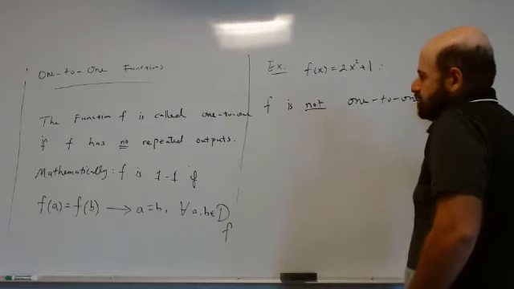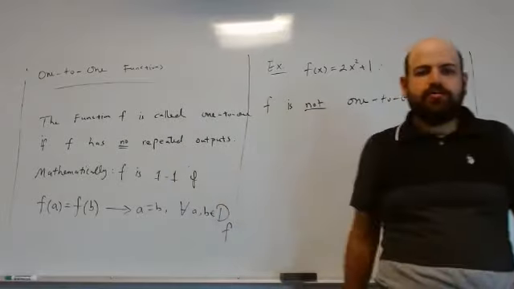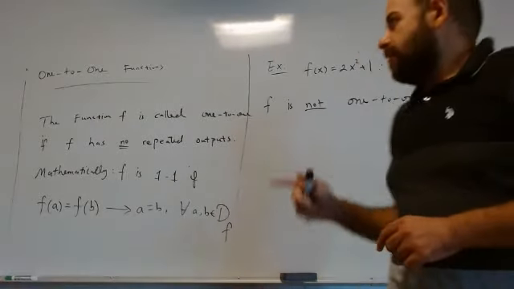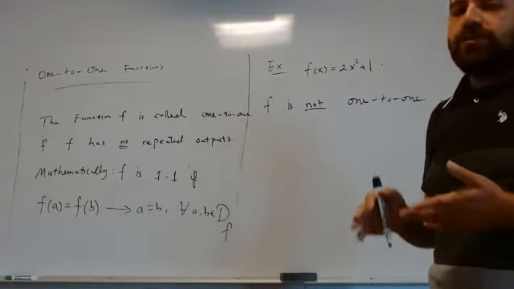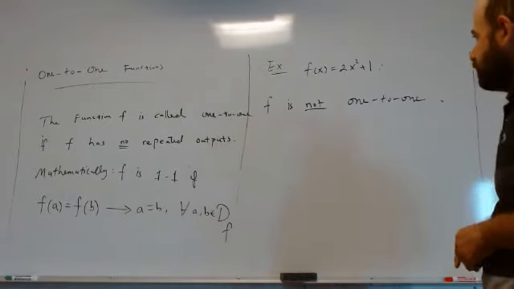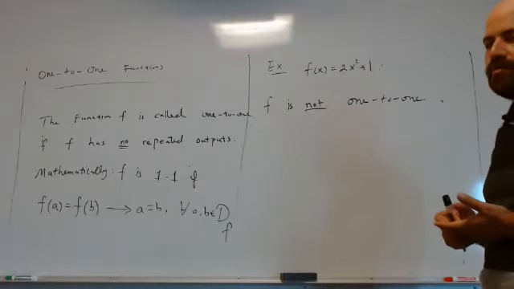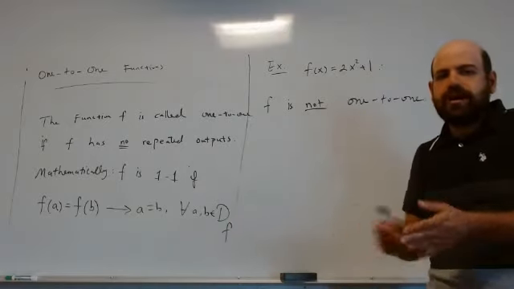If you want to show that it's not 1-to-1, you have to show that it has a repeated output, because remember, it is 1-to-1 if it has no repeated output. So this function is not 1-to-1 because it has a repeated output. And what is the repeated output? Repeated output means 2 different inputs with the same output.